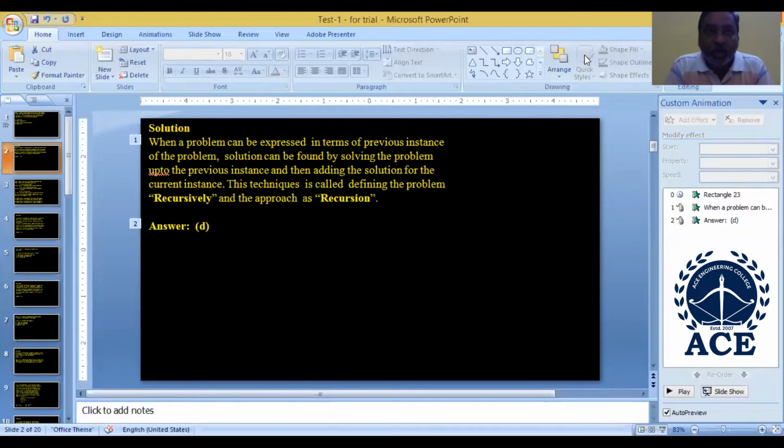Recursion is one of the most powerful means of programming, where a problem is solved in a cyclic manner: for every instance of it, the problem is to be solved. So the answer is recursion. Option D is correct.